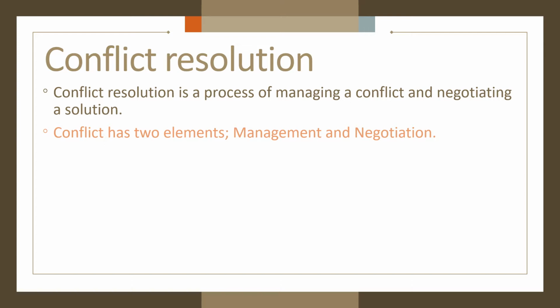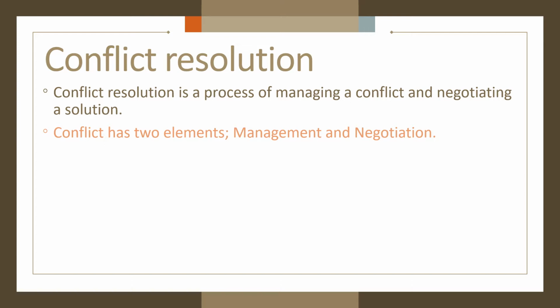The first element, management, is to try and cool down the temperature of the conflict. At this point, when conflict is ongoing, people are angry, tempers are flaring, abuses are going on, arguments are going on. So the first thing that needs to be done is to first cool the temperature down.